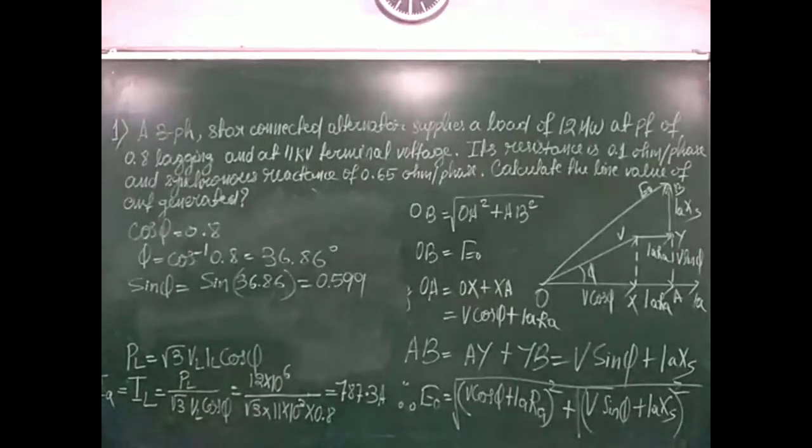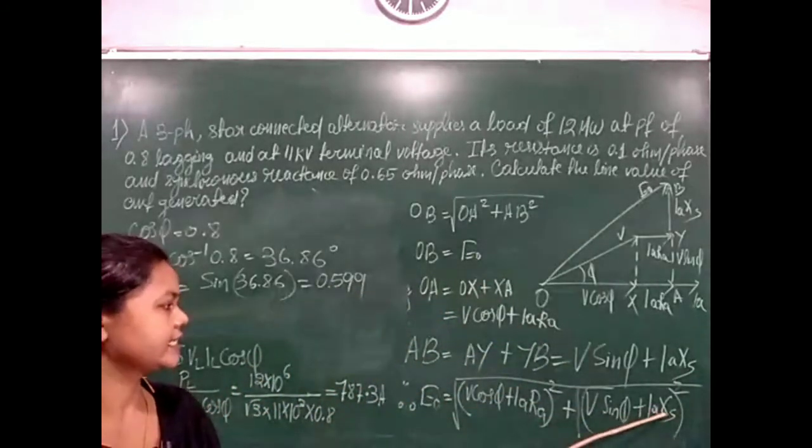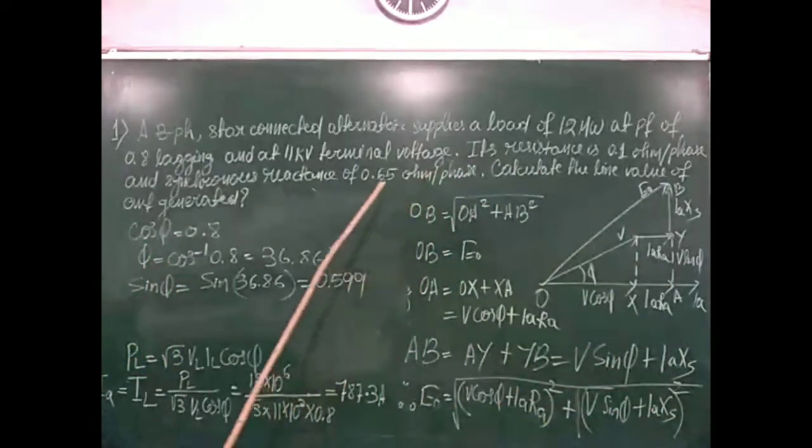Now you put all these values in the equation for E0. V is equal to 11 kV, cos phi is 0.8, IA is 787.3, RA is 0.1 ohm, sin phi we have calculated as 0.59, and IA Xs is 0.65.